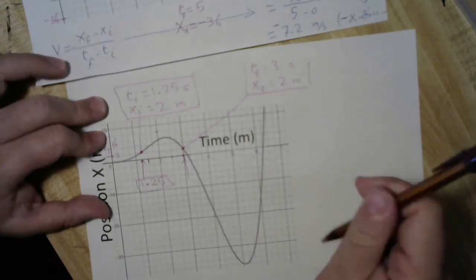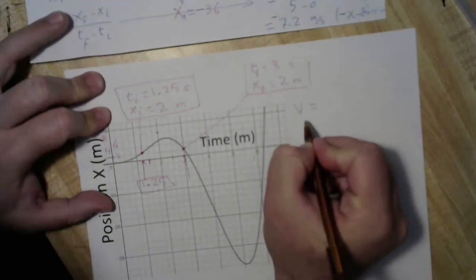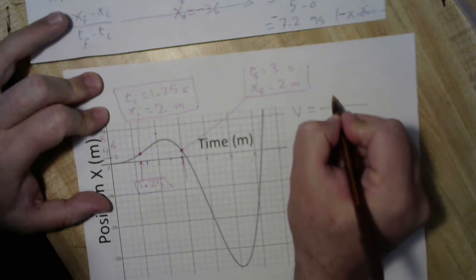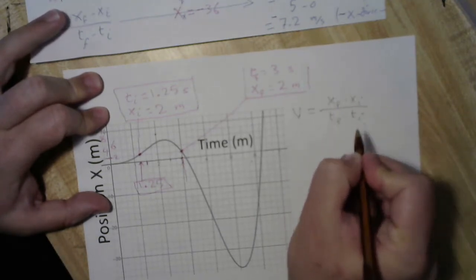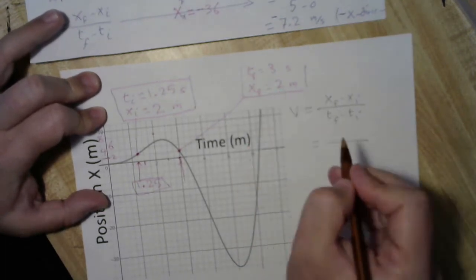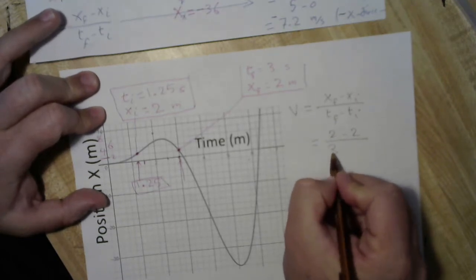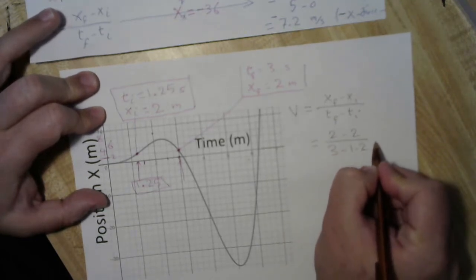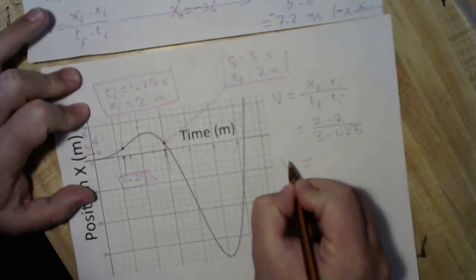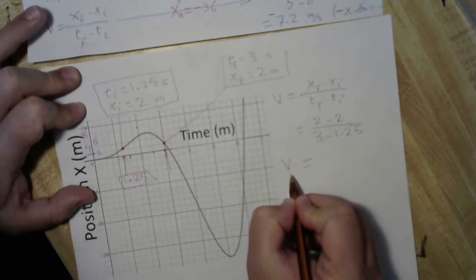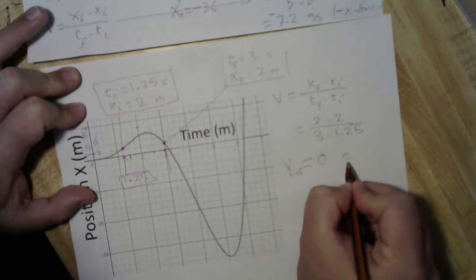Now I need to calculate the average velocity. Velocity is equal to x final minus x initial over t final minus t initial, which is equal to 2 minus 2 over 3 minus 1.25. 2 minus 2 is 0, so the average velocity between the initial value and the final value is 0 meters per second.